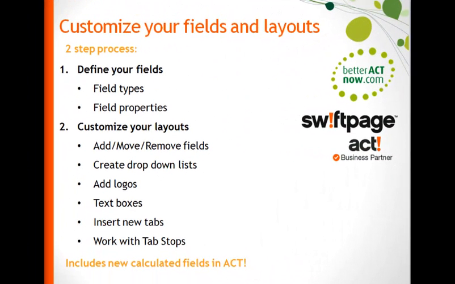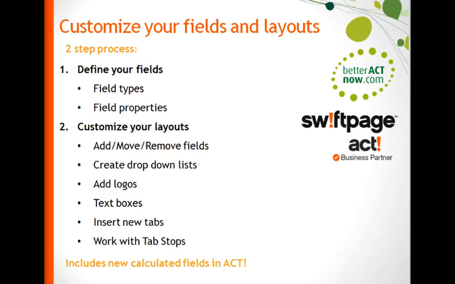On this course, we'll look at customizing your database, which means adding new fields and changing layouts. It's a two-step process where first of all we'll define the fields that we want, we'll look at all the different field types, we'll check field properties, and then we'll come on to customize the layouts.